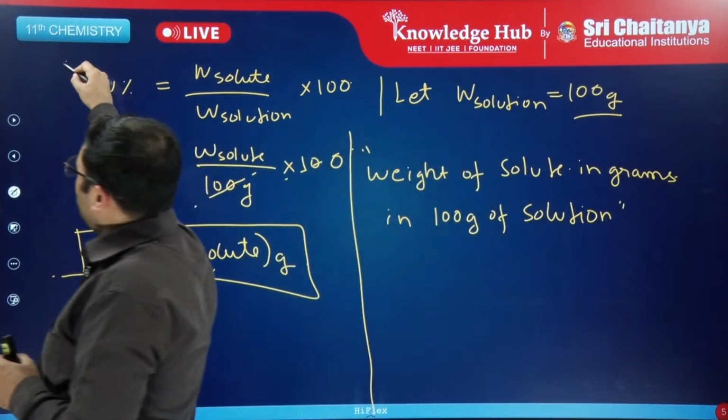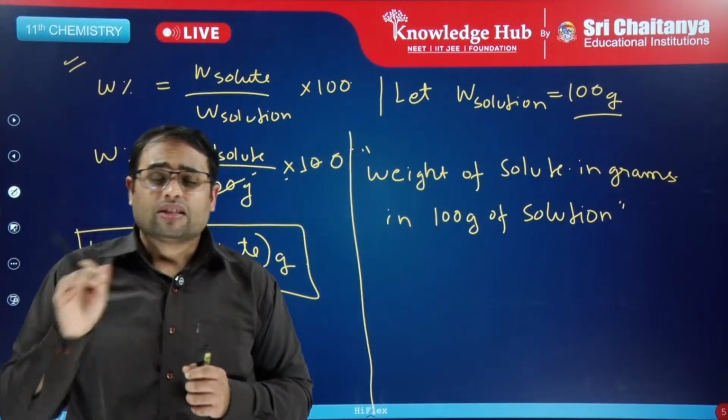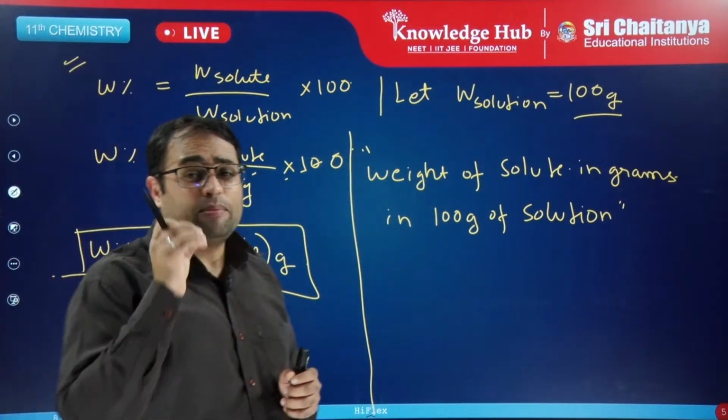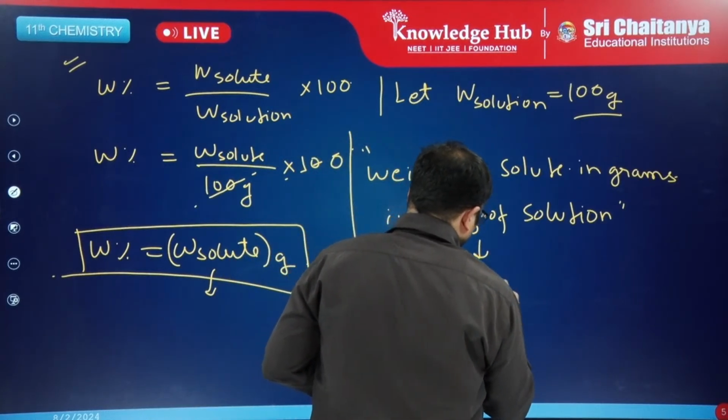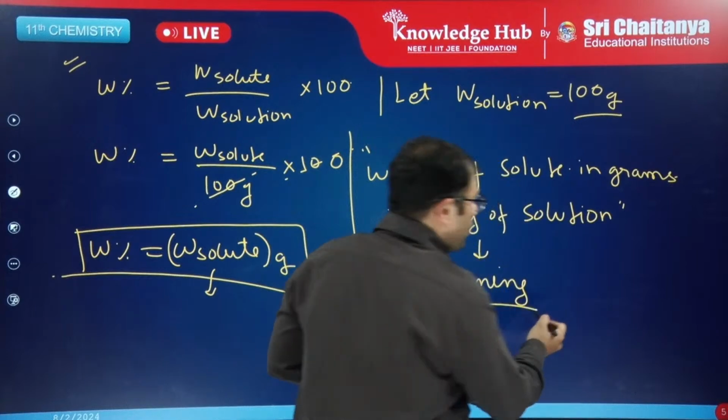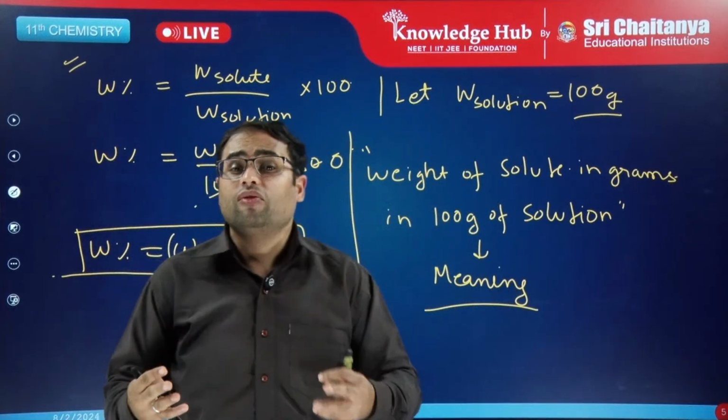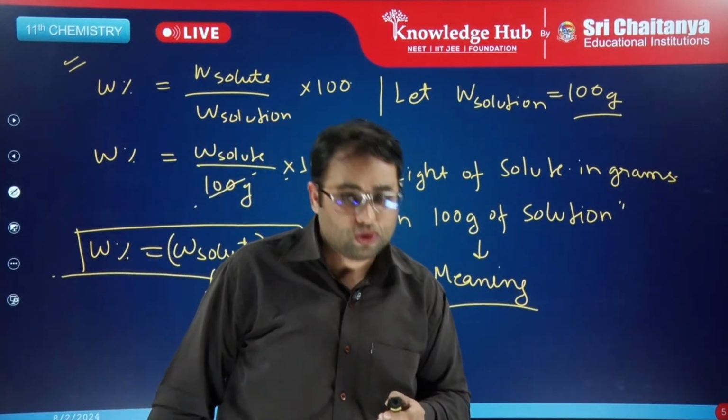So this formula will be useful for you, but then sometimes you also need to know what is the meaning of it. So this is the actual meaning of weight percentage. How much solute in grams you have dissolved in 100 grams of solution.